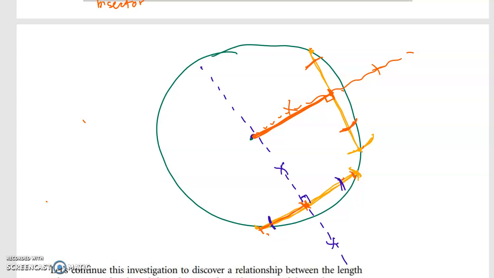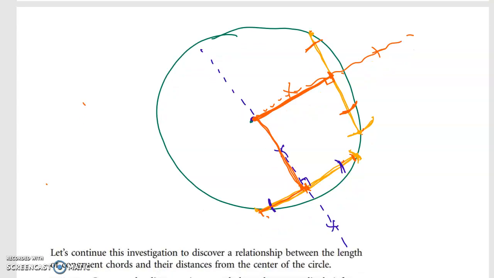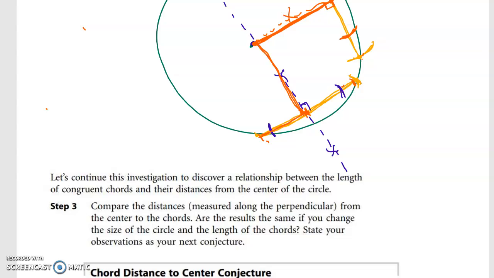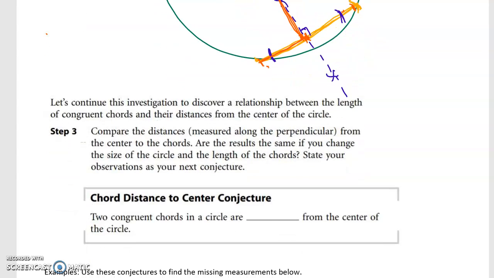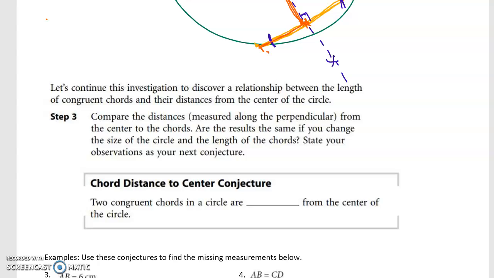If you take your compass and keep it the same distance, you should notice this will also be the same. Or you can measure with your ruler. This means that two congruent chords in a circle are equidistant from the center of the circle.